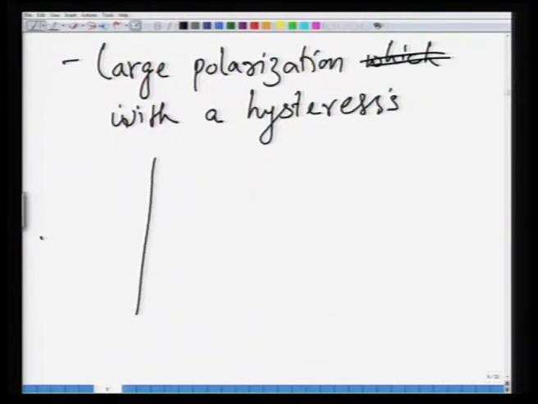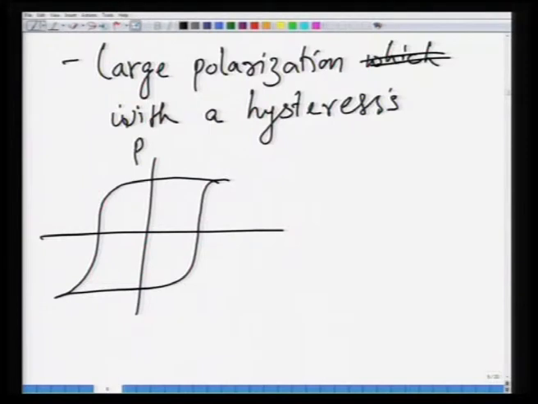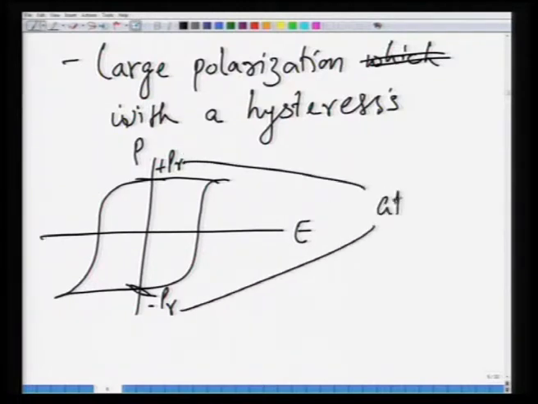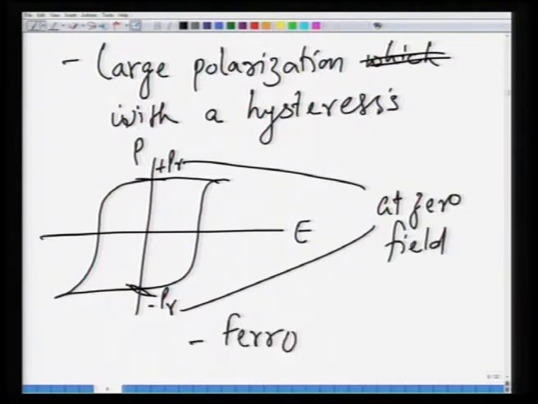So, when you switch the material, it shows this kind of behavior. So, this is polarization versus electric field. It has two non-zero states of polarization, minus PR and plus PR. PR is remnant polarization, and these two states are available at zero field, and this effect is called ferroelectric, and materials which show this effect are called ferroelectrics.